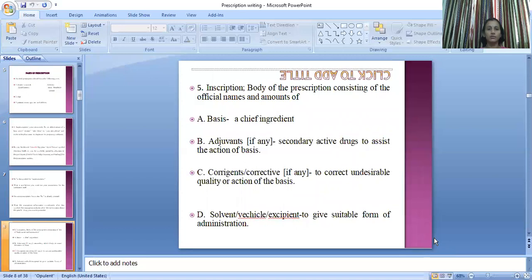Adjuvant means any secondary active drugs to assist the action of the basis. The third component is corrigent or corrective, to correct undesirable quality or action of the basis. The fourth component is solvent, also known as vehicle, which gives a suitable form of administration.